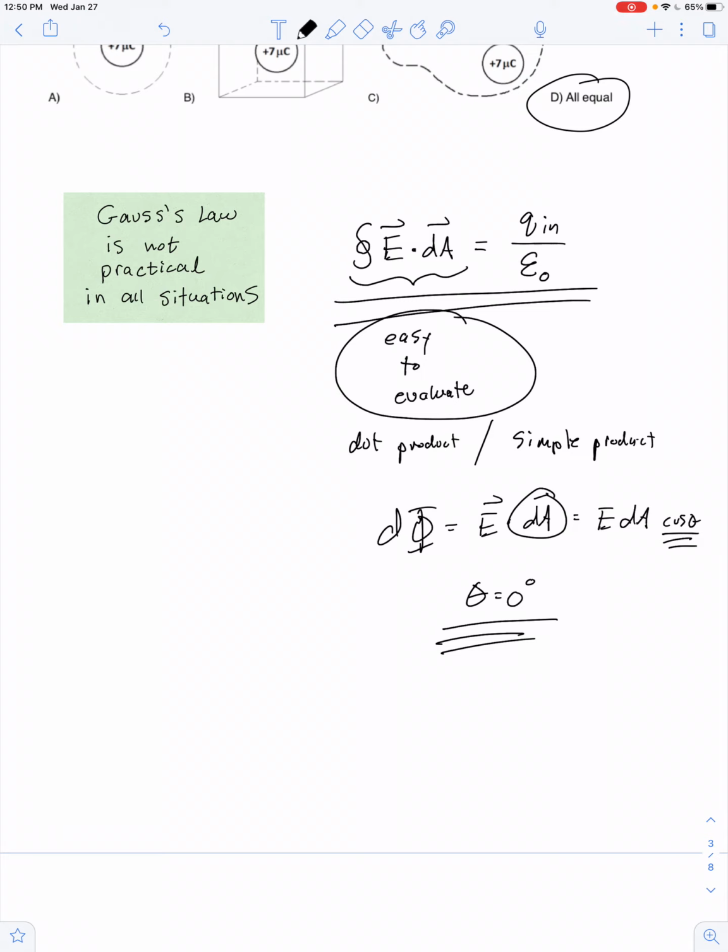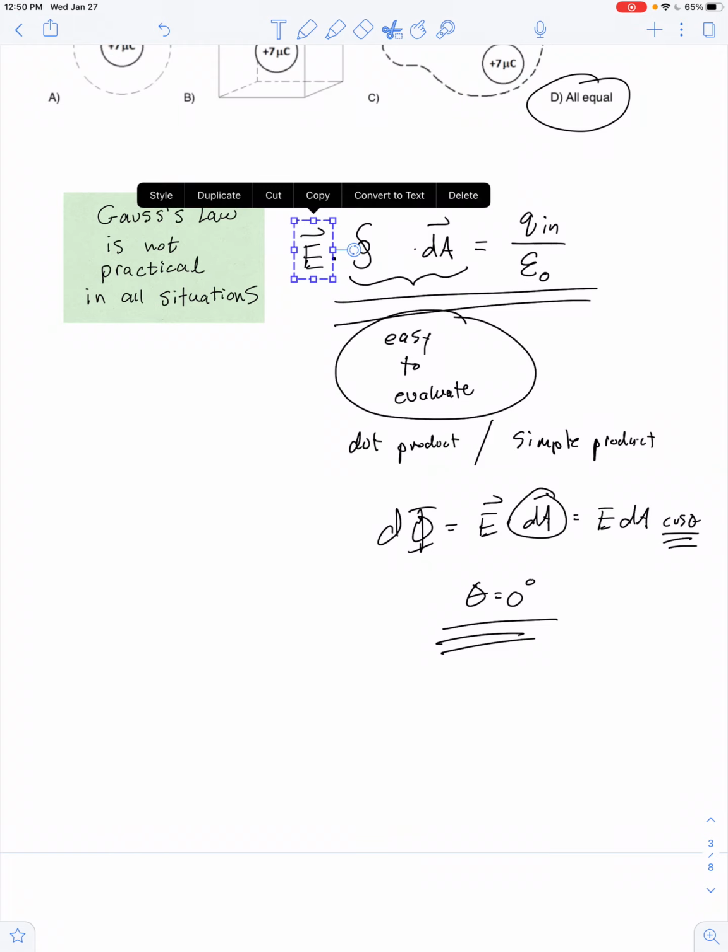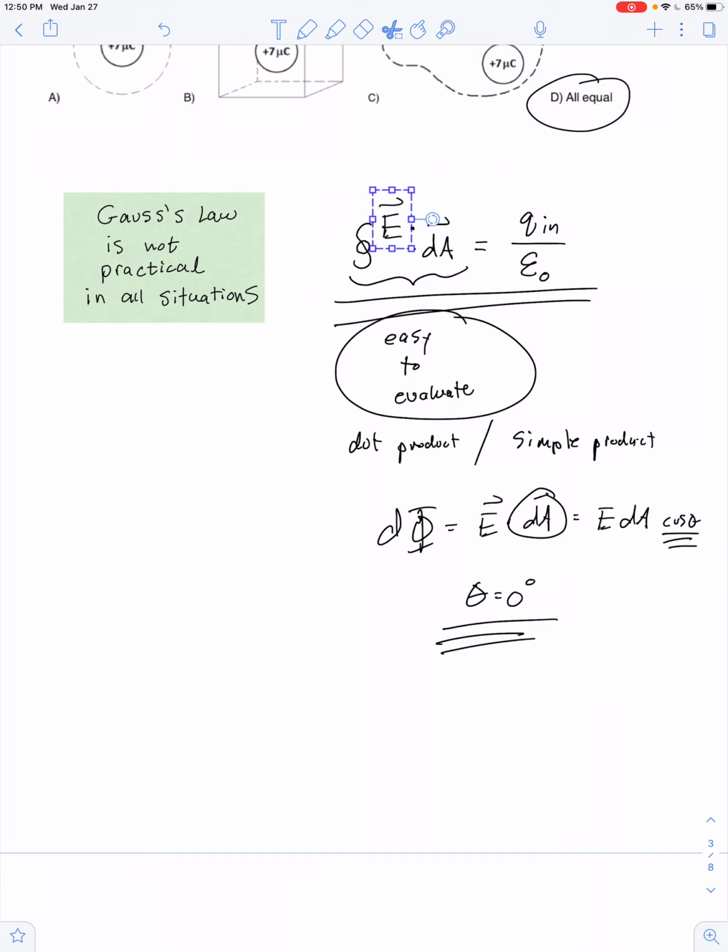Another way that would make it easy to evaluate is if we could take the electric field and pull it out of the integral sign. But that's only true if the electric field is uniform or constant across our entire Gaussian surface. So basically what we want is to take the left side of that equation and in step number 2, simplify it a little bit and just change it to E dA.